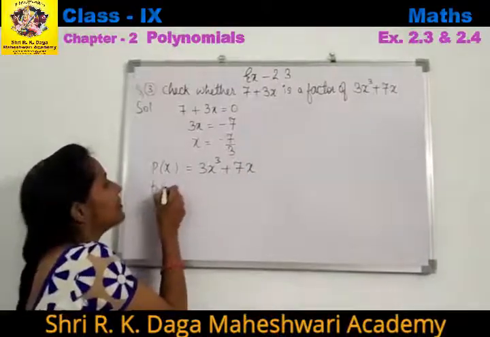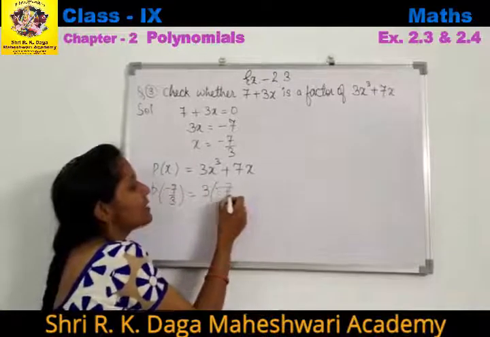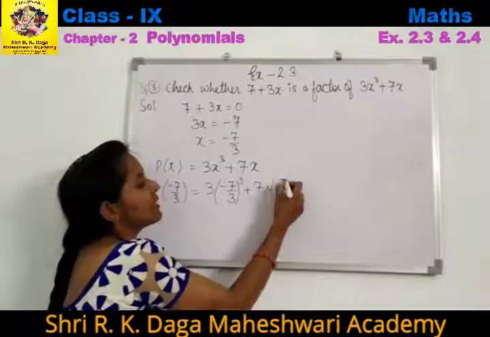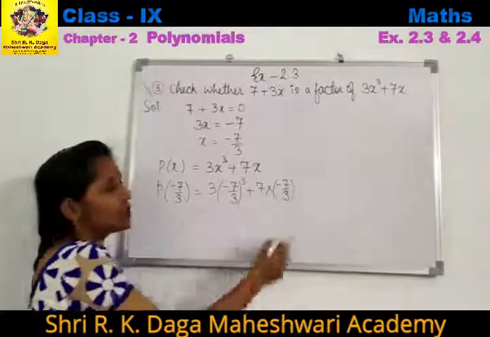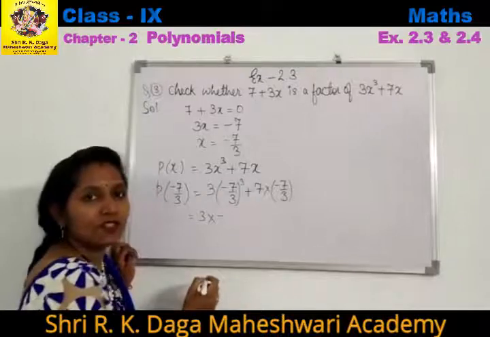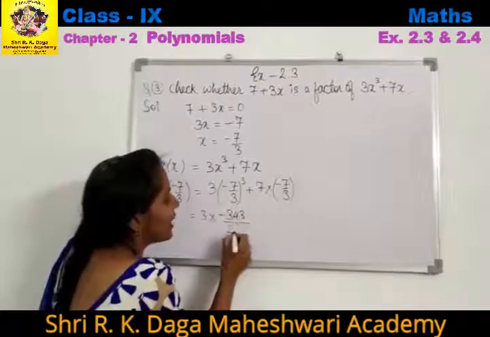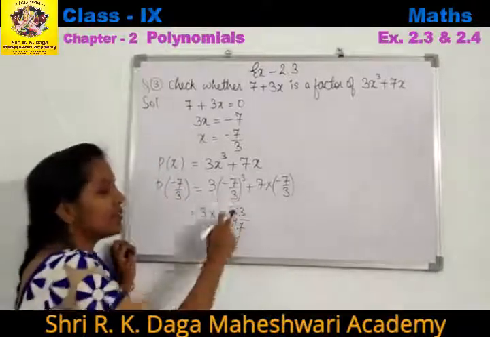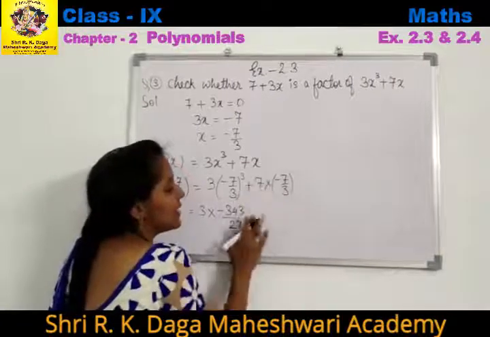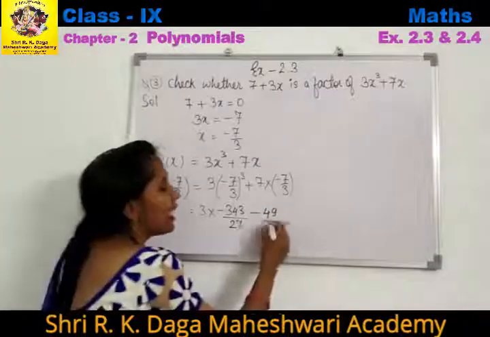So we get 3 into minus 7 by 3 whole cube plus 7 into minus 7 by 3. When we solve this further, we get 3 into 7 cube is 343, so minus 343 upon 27, since 3 cube is 27, plus into minus, that is minus 7 sevens are 49 upon 3.